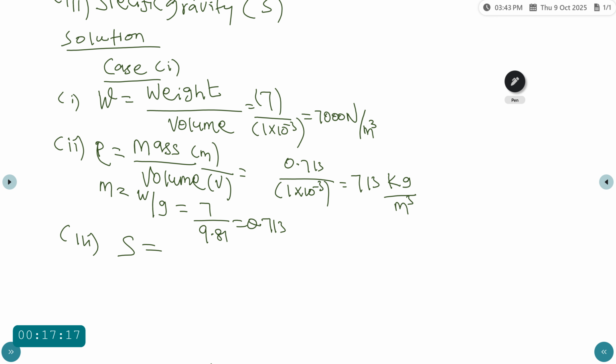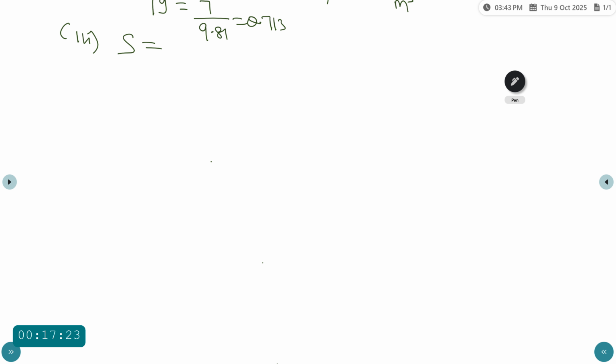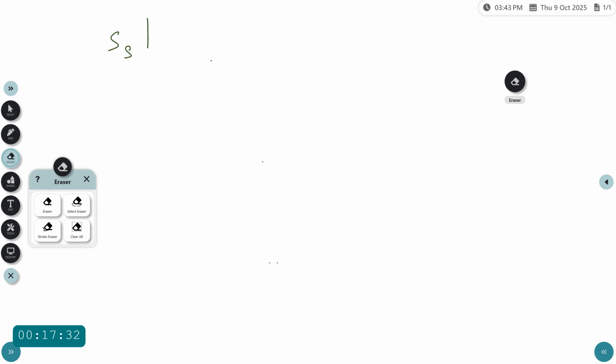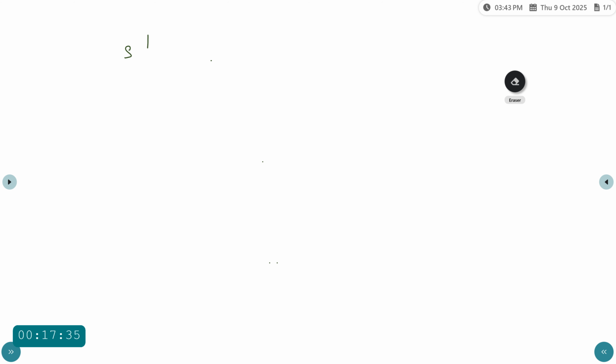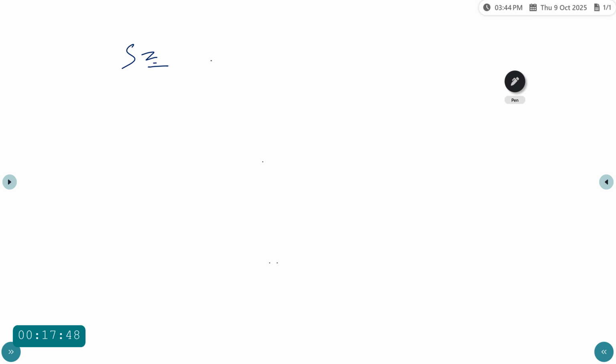So S equals density of the fluid divided by density of the standard fluid, that means water.